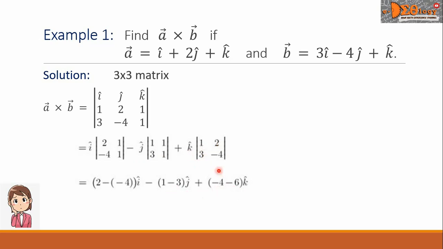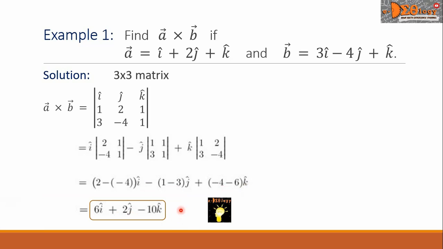This is multiplied by the element k. Simplifying further, 2 minus a negative 4 becomes positive 6. Then we copy the i. 1 minus 3 will be negative 2, and because there is a negative sign in front, it becomes positive 2. Then we copy the j. Negative 4 minus 6 becomes negative 10. Then we attach the element k. This is now the final answer.